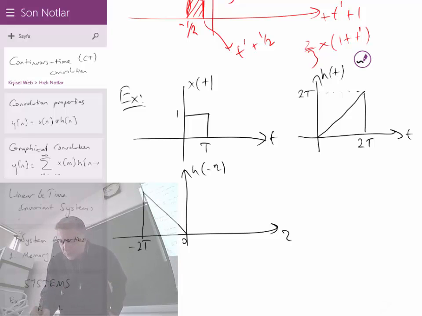It's not minus 2, it's minus tau, okay? So you have to push it rightwards so that these two shapes, x and h of t minus tau, will overlap. For example, when it comes to here, let's shift a little bit.